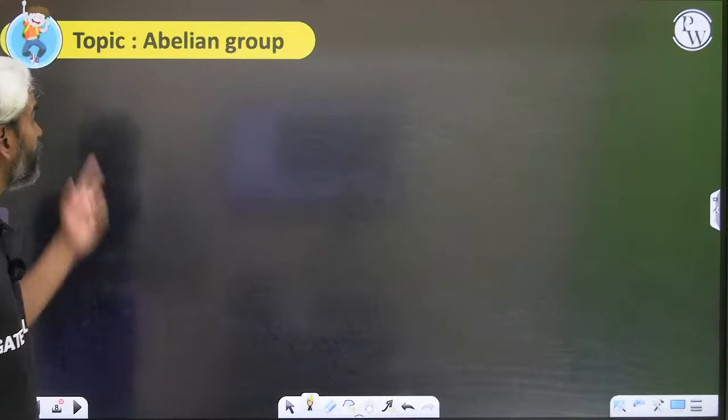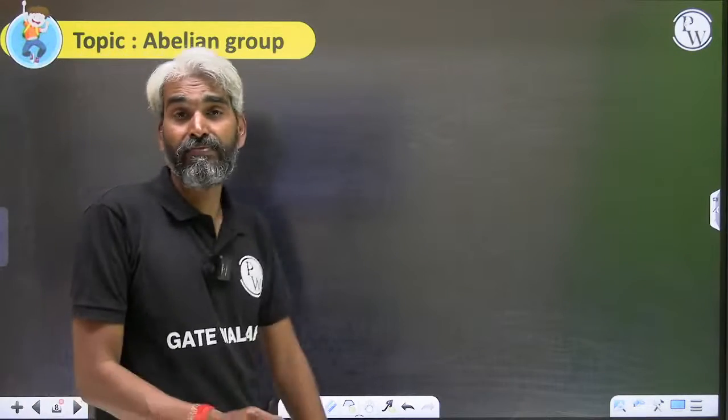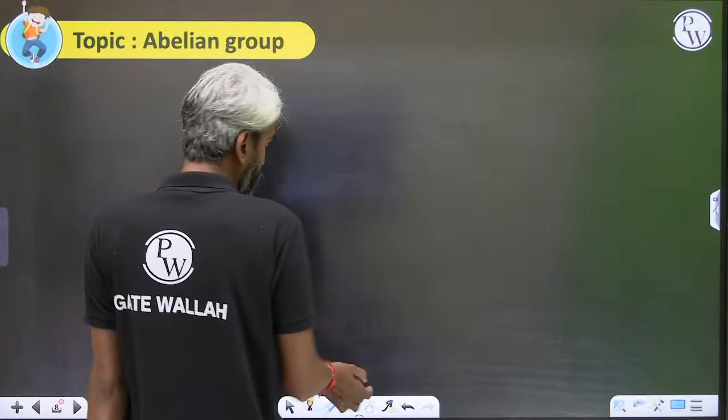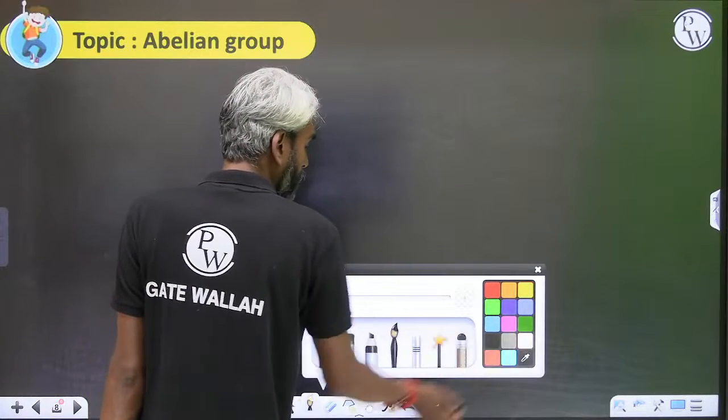The last one is an abelian group. So when do we say that a set with respect to binary operation asterisk is an abelian group? Since we are saying abelian group, we already know that it is a group.